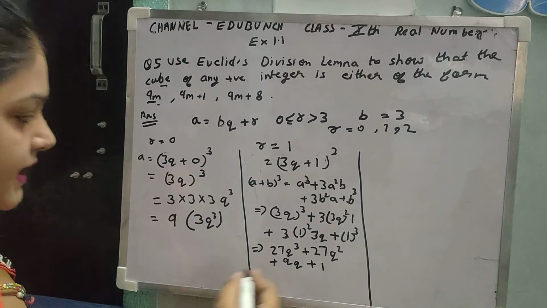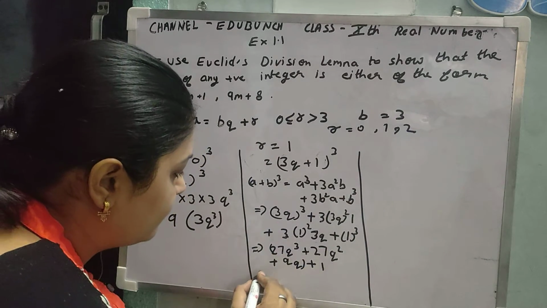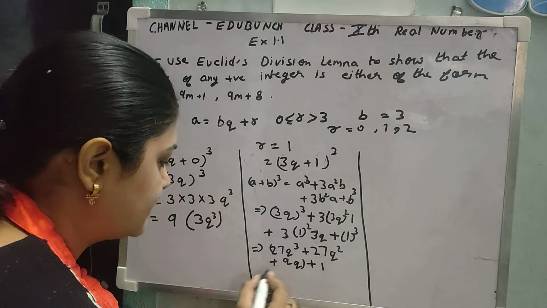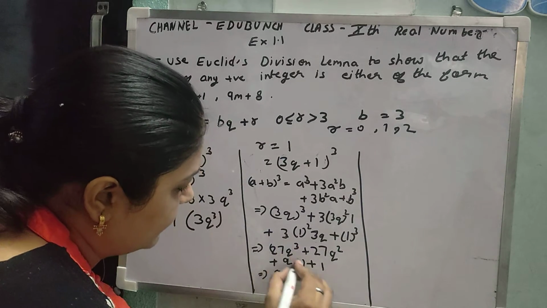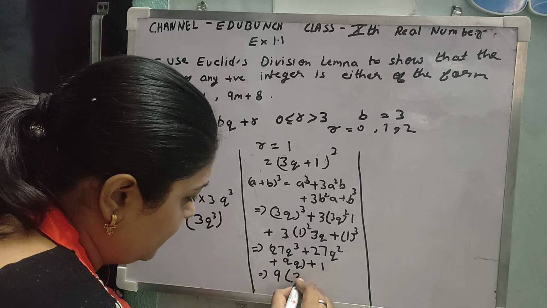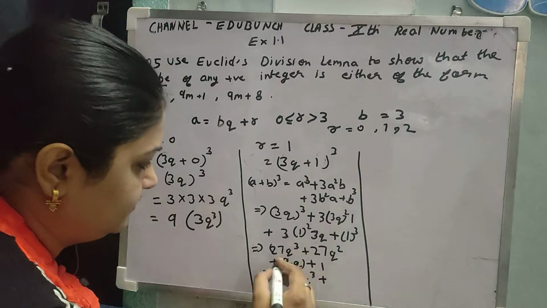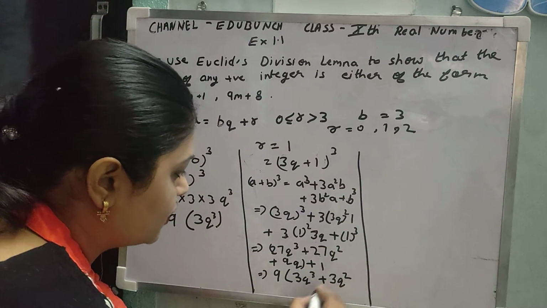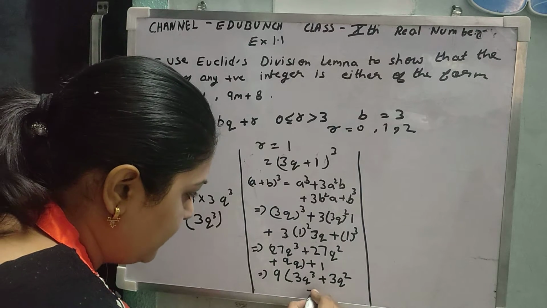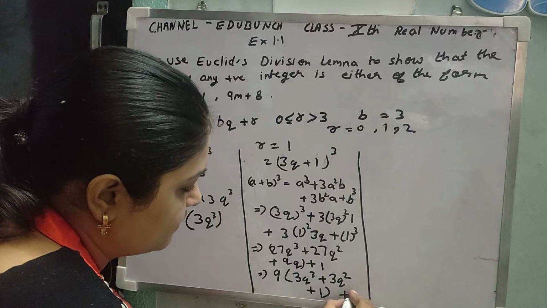Taking 9 common from the first three terms, we get 9 times 3q cube plus q square plus q, plus 1.